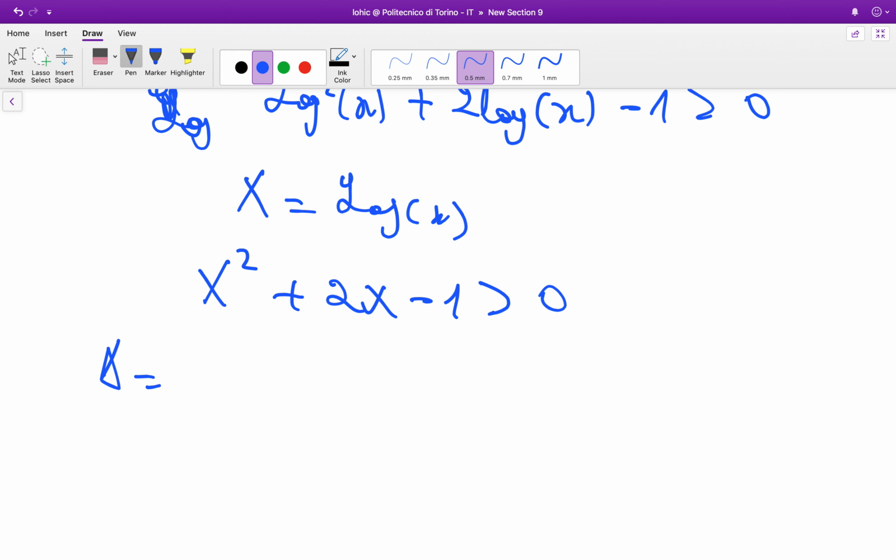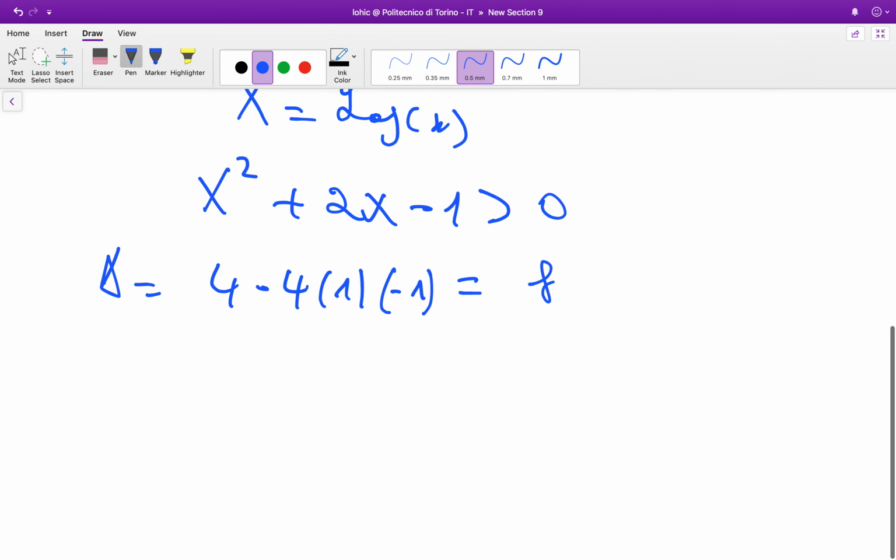Delta equal to 4 minus 4 times 1 times minus 1, that is going to be 8, right?